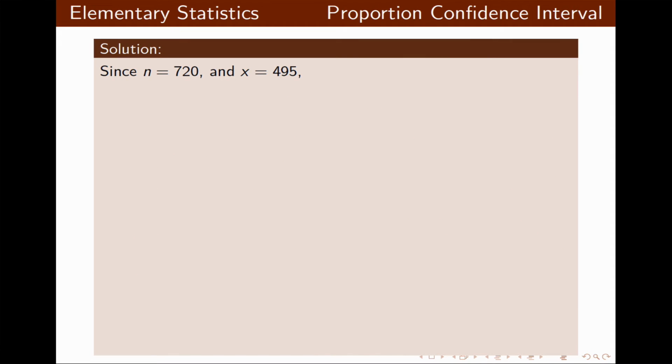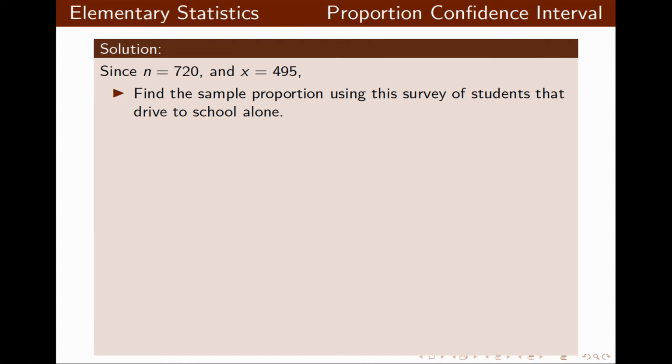In this example, we were given the sample size and the number of favorable responses. So the sample proportion is p hat equal to x over n, and we round this to 3 decimal places.